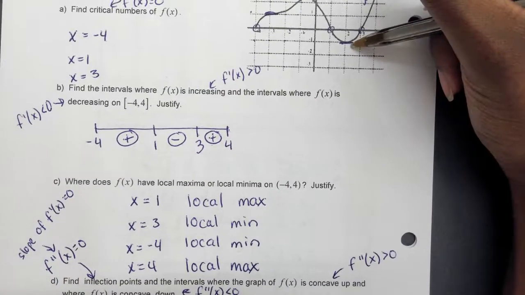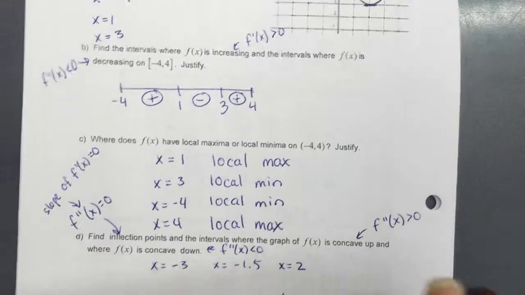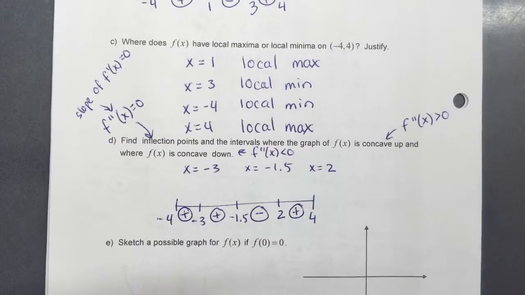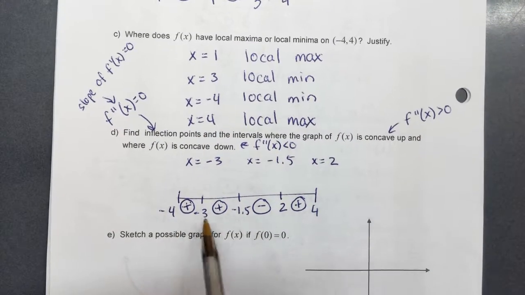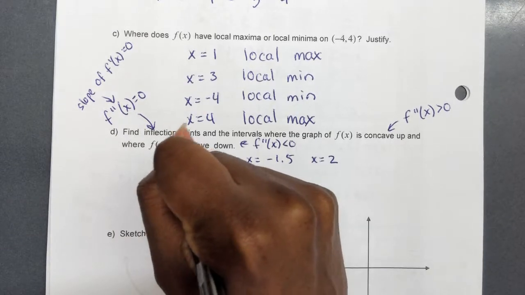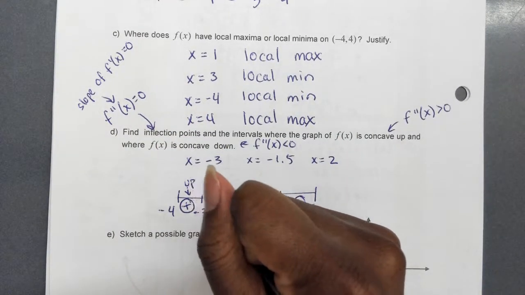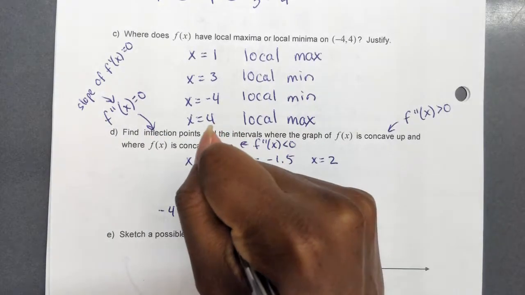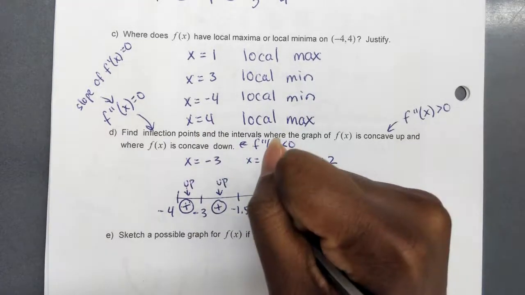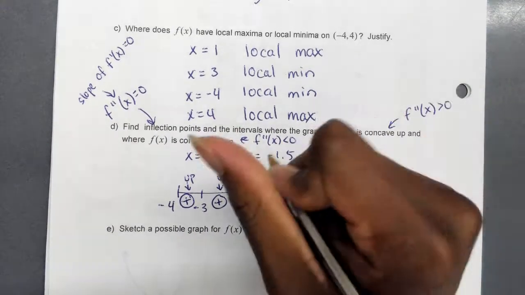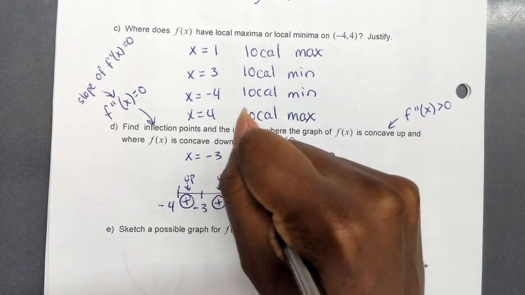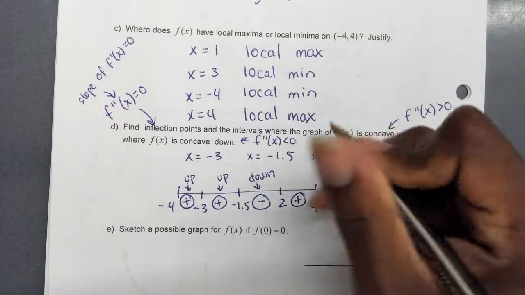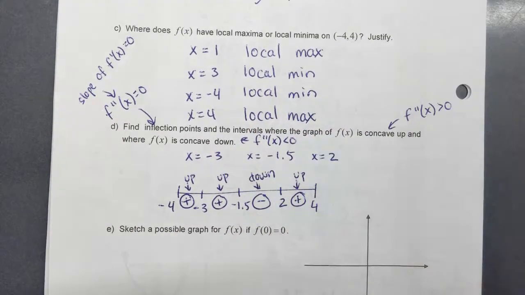And from 2 to 4, we're increasing, so positive. So from -4 to -3, we're concave up. From -3 to -1.5, we're still concave up. From -1.5 to 2, we're concave down. And from 2 to 4, we're concave up.